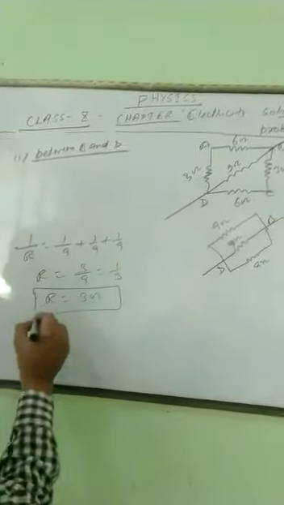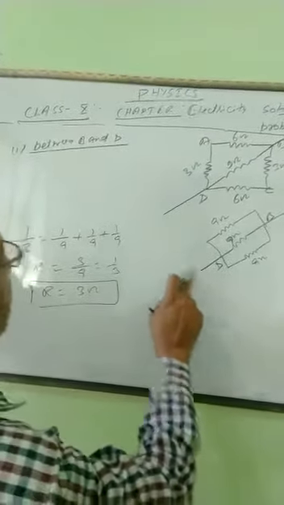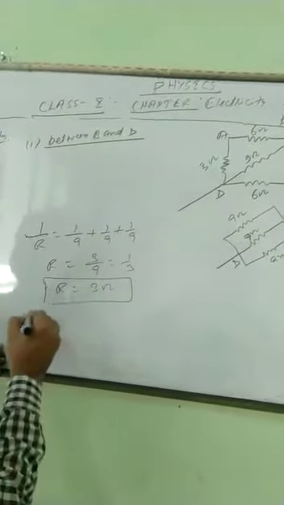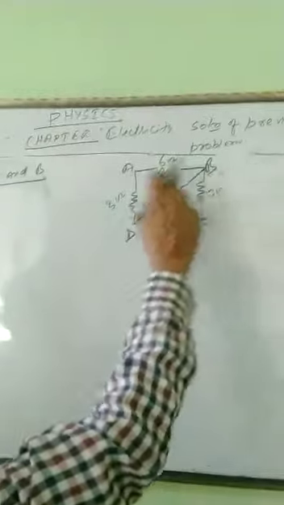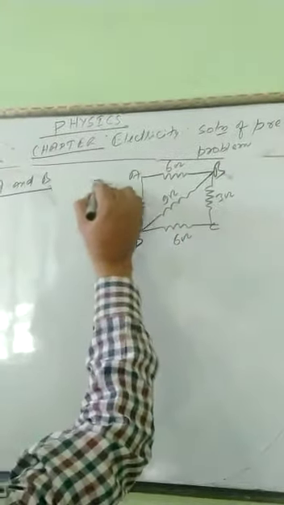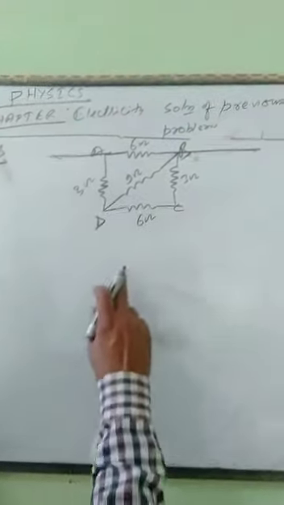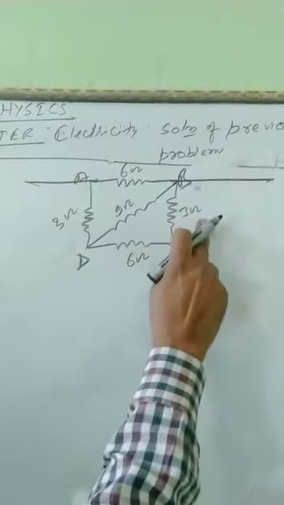This is the answer to the first question, in which you had to find the equivalent resistance between B and D. Now the second question is between A and B. Find out where A is and where B is. This is A and this is B. Elongate this wire. Now first of all look here, 6 ohm and 3 ohm, these two are in series.